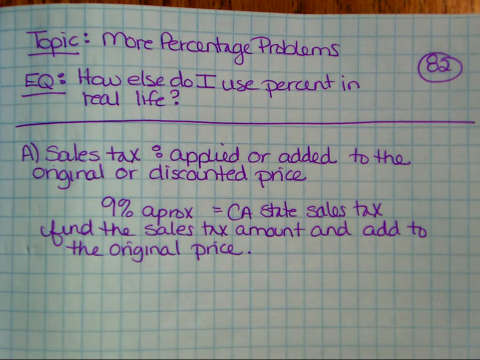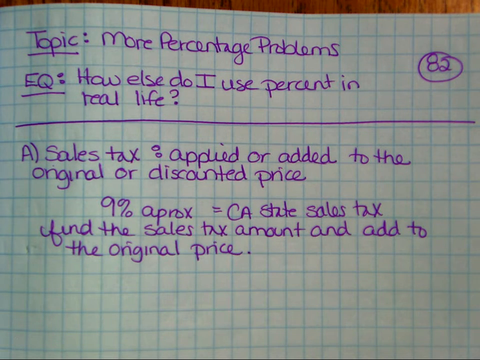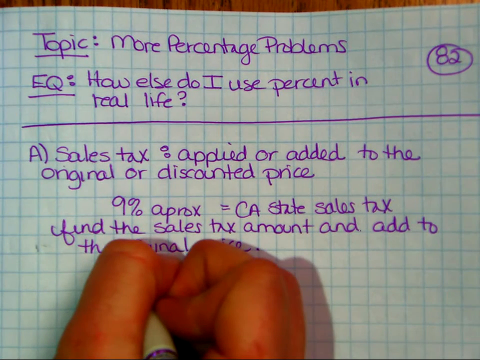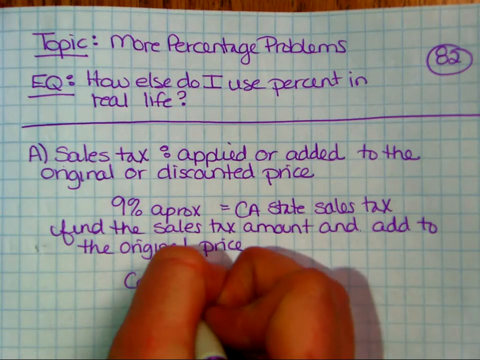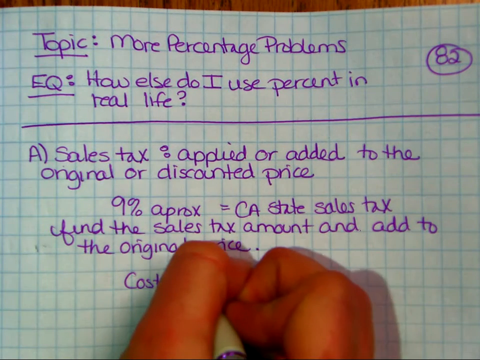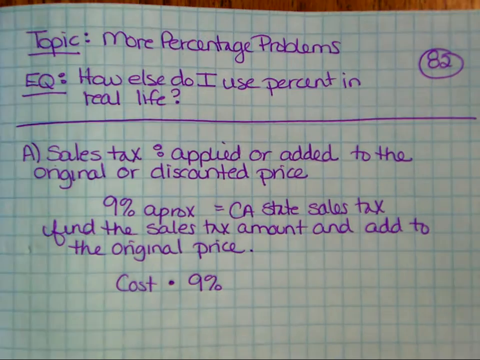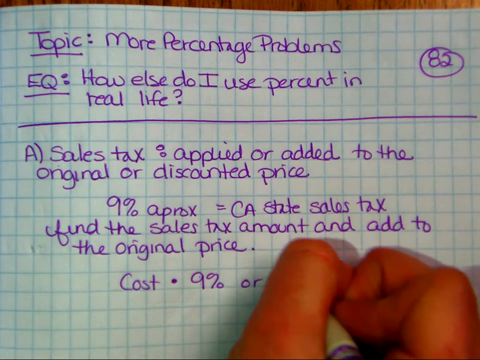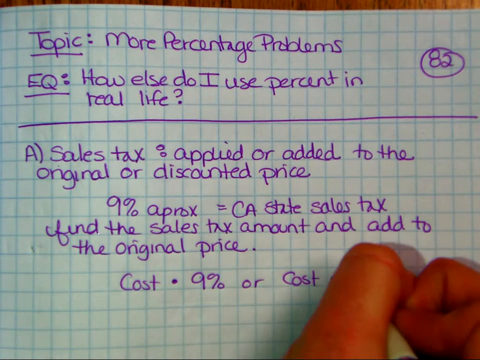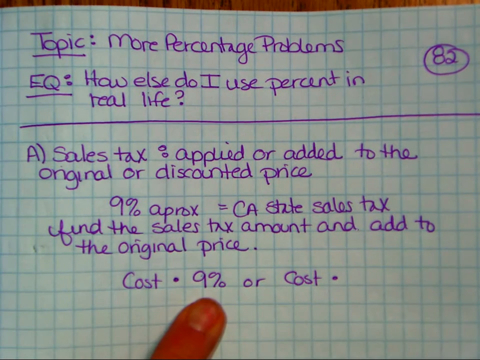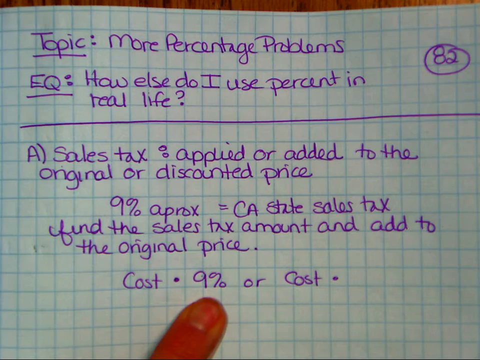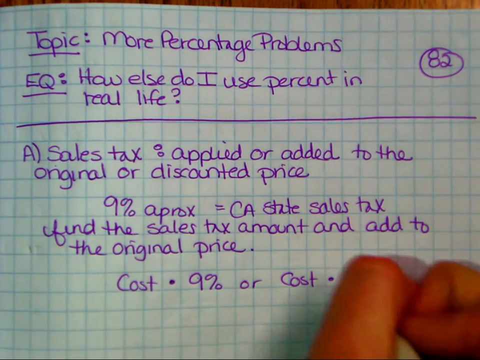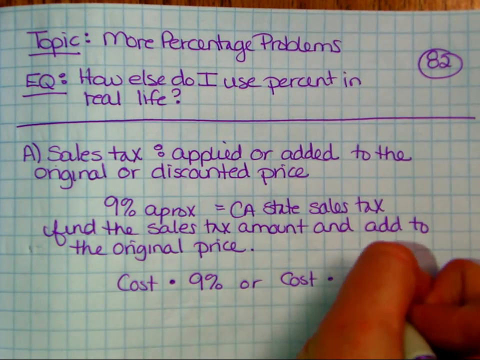Looking at that, you're going to say approximately the cost times approximately 9%, or cost times this converted to a decimal, which means we move the decimal place twice and get 0.09.